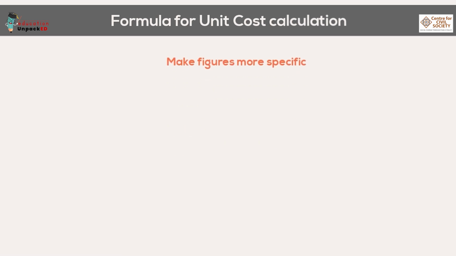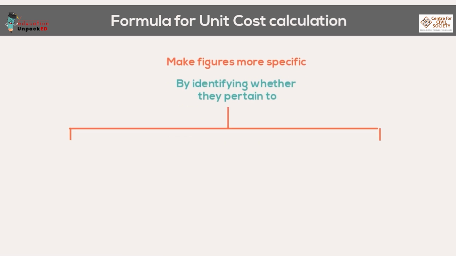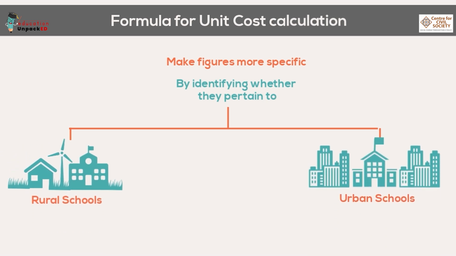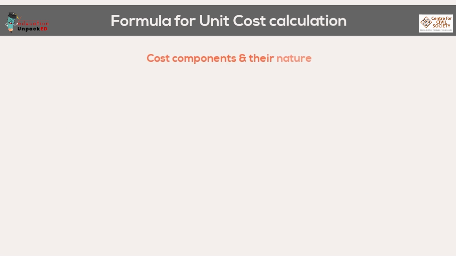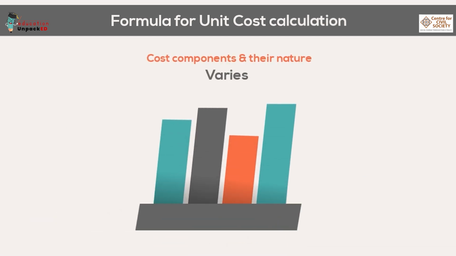You can make the figures more specific by identifying whether they pertain to rural or urban schools, the pupil-teacher ratio in these schools, etc. The cost components and their nature can also vary based on the unit of analysis.